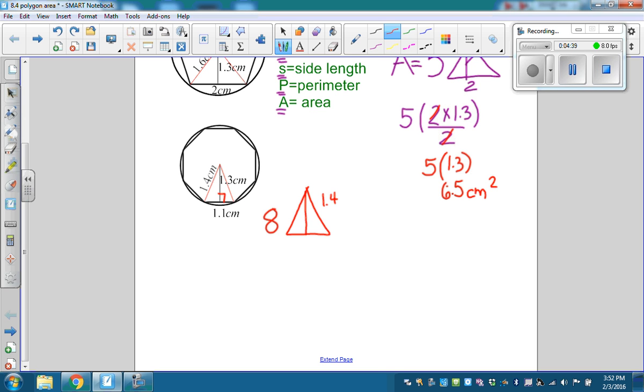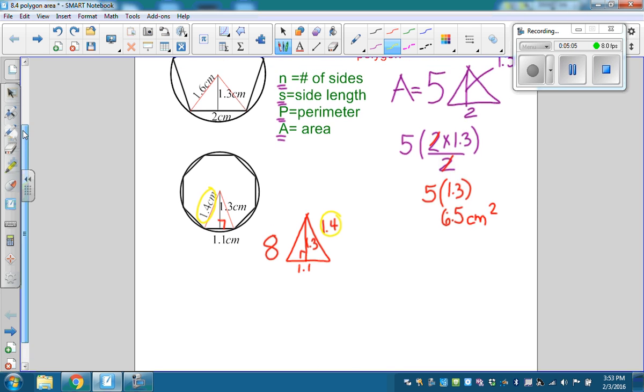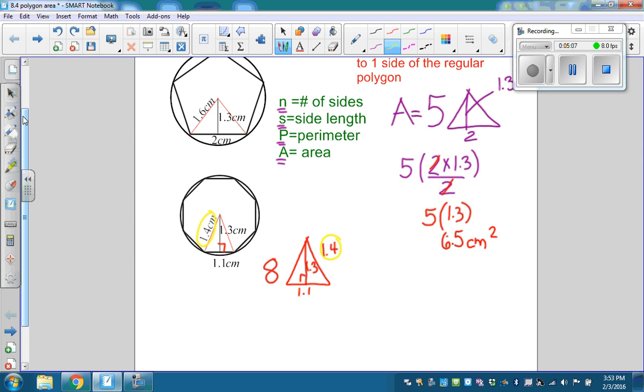And the reason I gave you both of those is because sometimes the book's going to do that, and it's a distractor at this point. At this point, you're really not using that value. But I want you to get used to seeing that it's different than the apothem, and also I want you to be able to sort out the information. So if you do have all those values, you know which ones to use. Okay, and similarly up here, we never used the 1.6, even though it was in the picture.